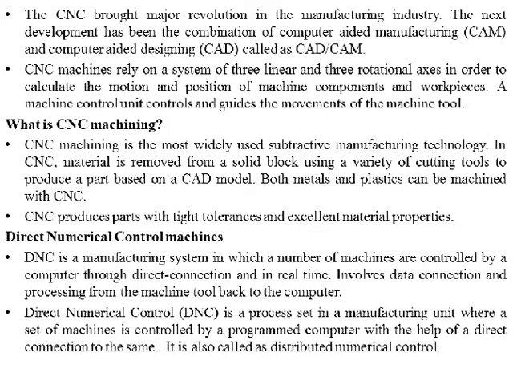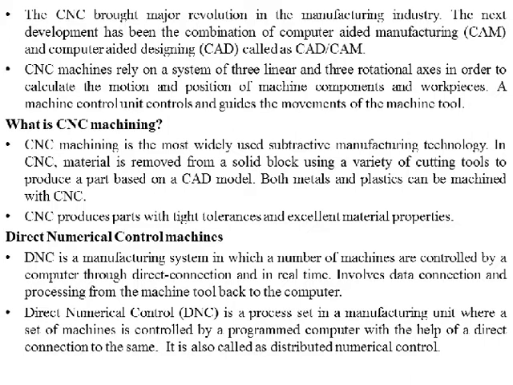Let us now discuss what is meant by direct numerical control machines. Direct numerical control machines are also known as DNC. DNC is a manufacturing system in which a number of machines are controlled by a computer through direct connection and in real time. What is a DNC?